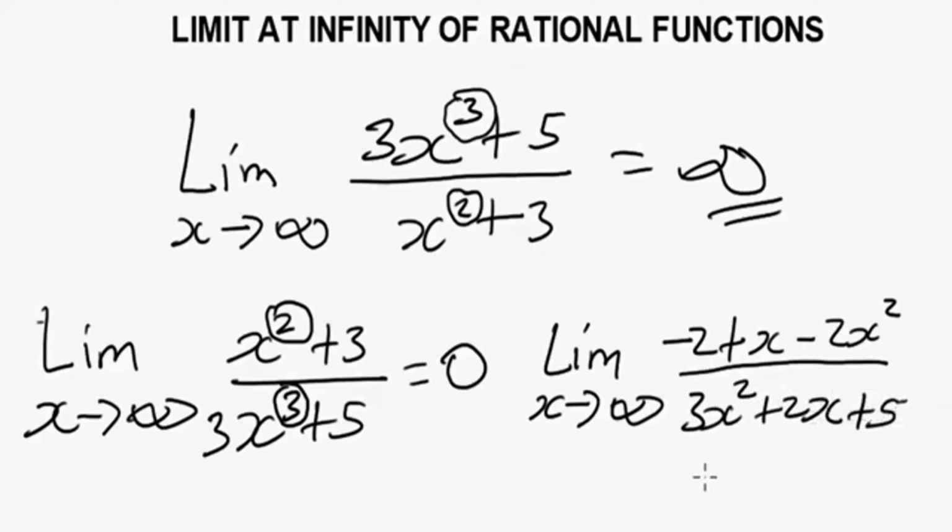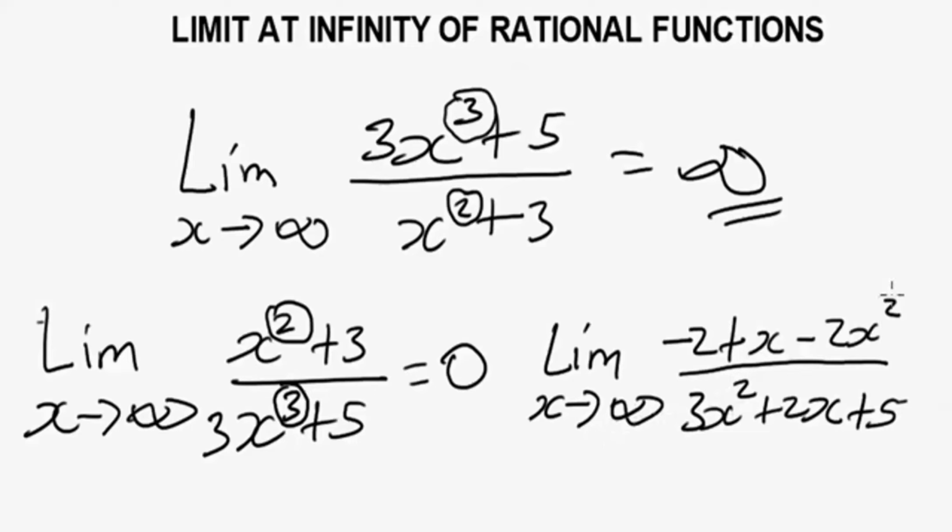Whenever you are given a question like this and asked to find the limit of the function at infinity, you check if both powers are the same. The limit of that function will be the ratio of the coefficients.